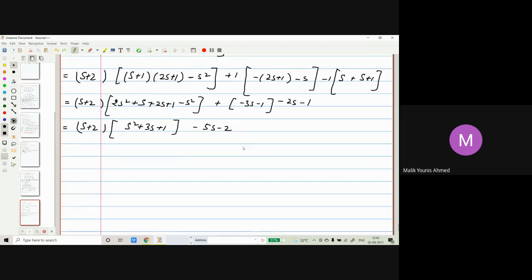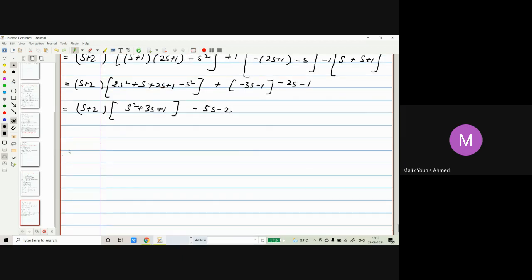Further we can write this. We can multiply this now as s cube plus 3s square plus 3s square plus s, 2s square plus 6s plus 2 minus 5s minus 2. So if you solve this, s cube is alone. So 5s square we have.